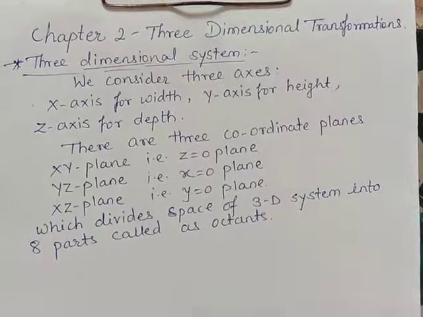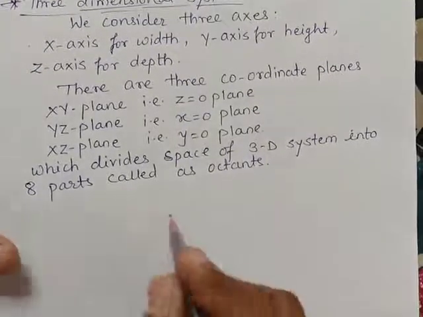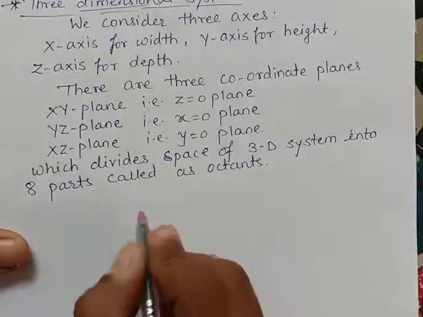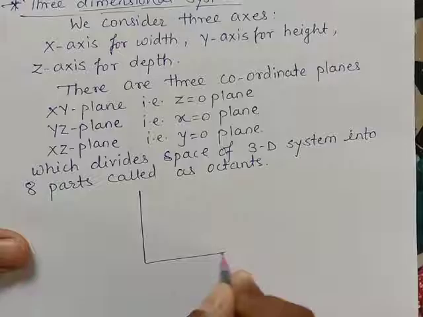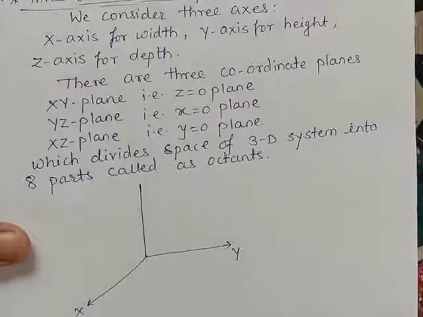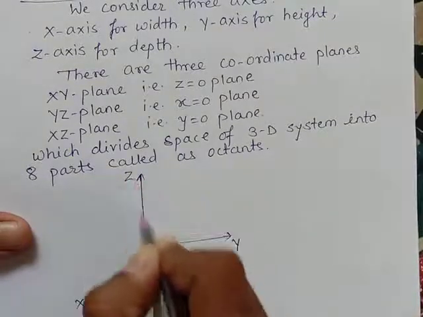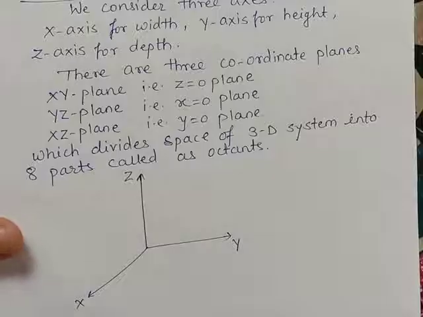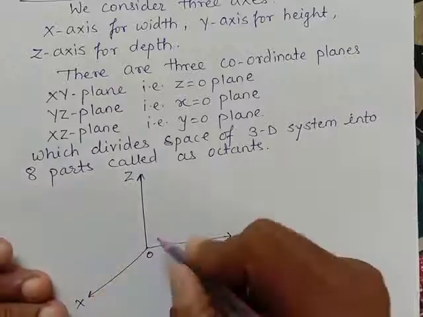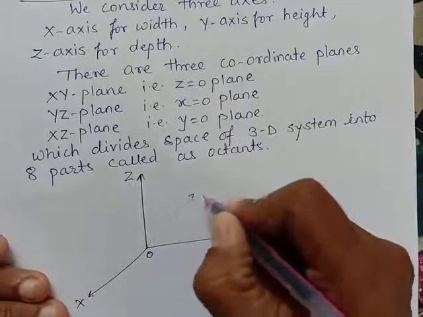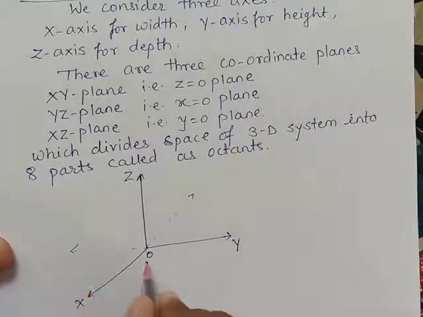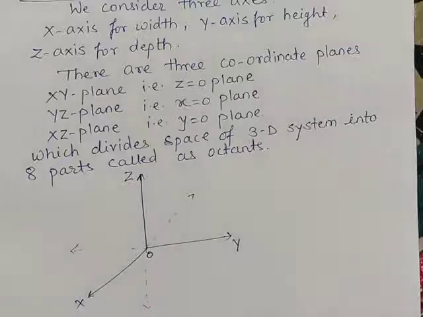Now actually on paper we cannot do it, but imagine that this is the x-axis, y-axis and z-axis. This is the positive x-axis, positive y-axis, positive z-axis. Here is the origin. Towards this side there will be a negative x-axis, towards this side a negative y-axis, and the negative z-axis is here.